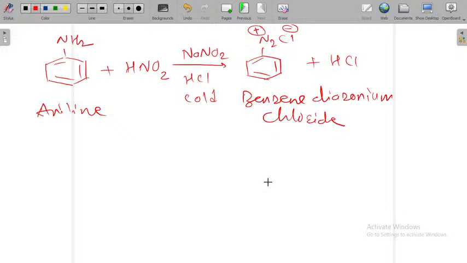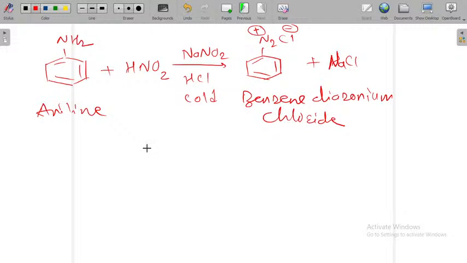From aniline you can prepare different types of functional groups. This nitrous acid, prepared from sodium nitrite and HCl, on reaction with aniline gives you benzene diazonium chloride, and NaCl, sodium chloride, is a byproduct.